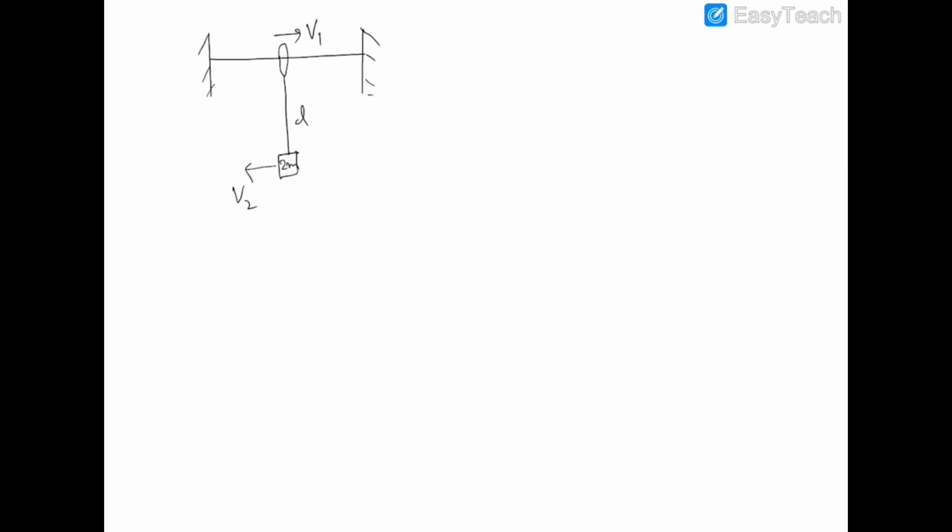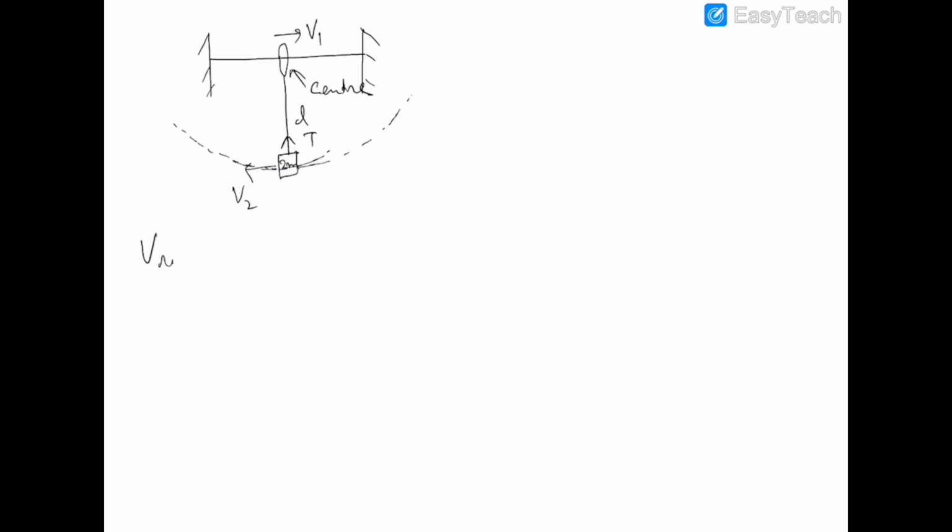So to calculate this tension, we assume that this block is in the state of circular motion about this ring. So we are assuming this ring as center. If this ring is the center of the circle, then we must stop this ring and we must calculate the relative velocity of the block with respect to the ring.